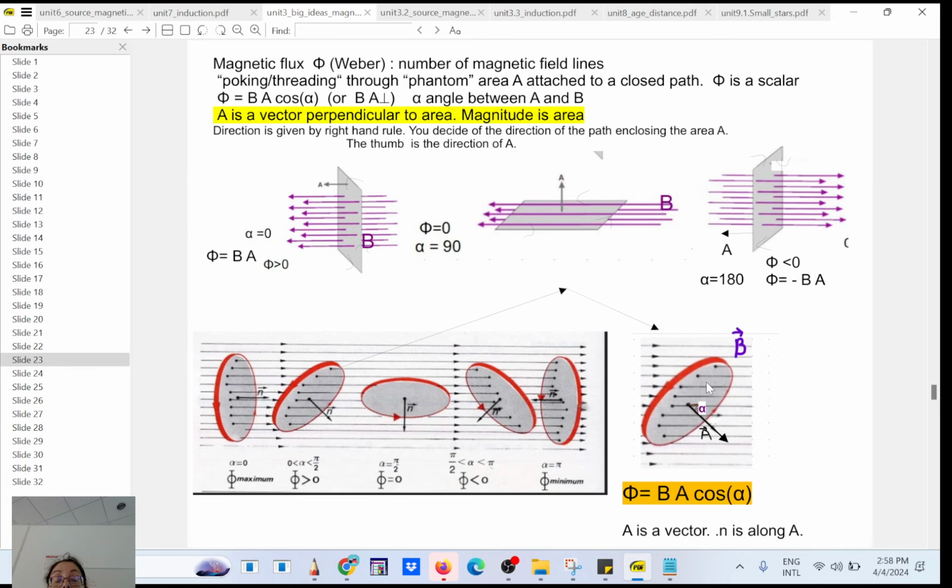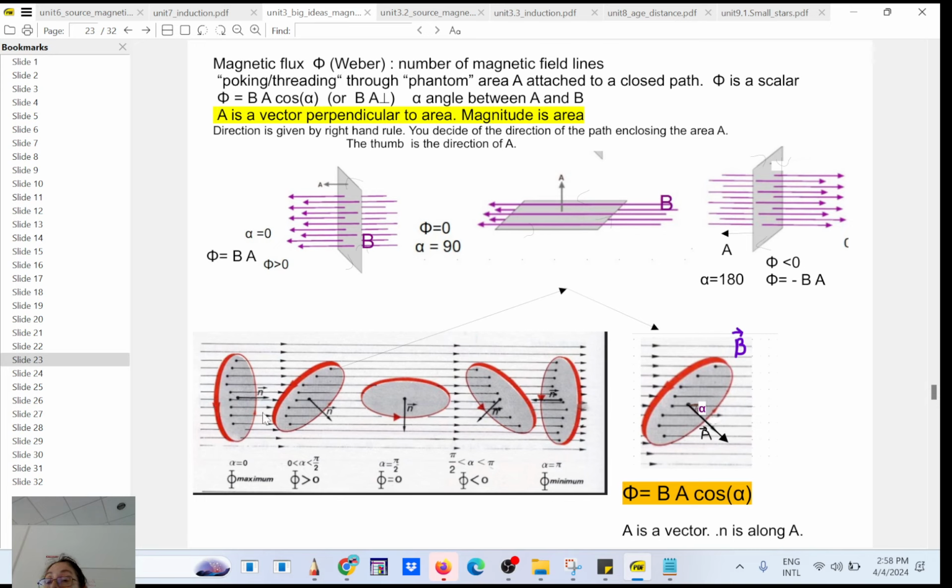So even though the plane is perpendicular to the magnetic field, that vector makes an angle of 0 with the magnetic field. So cosine of 0 is 1.